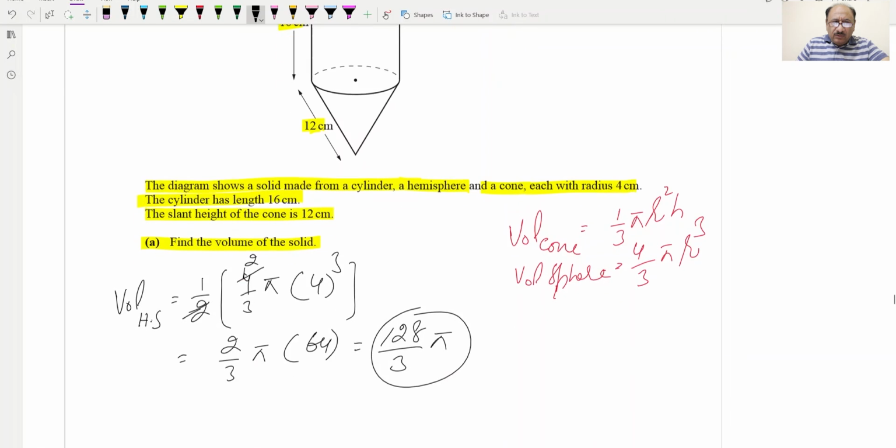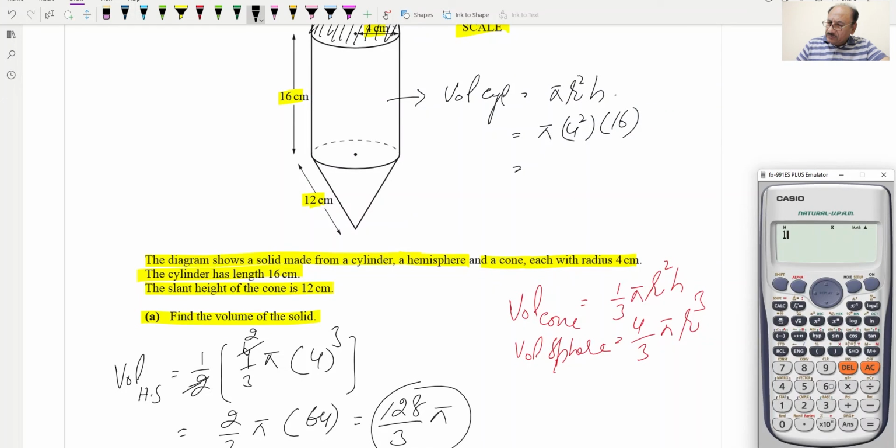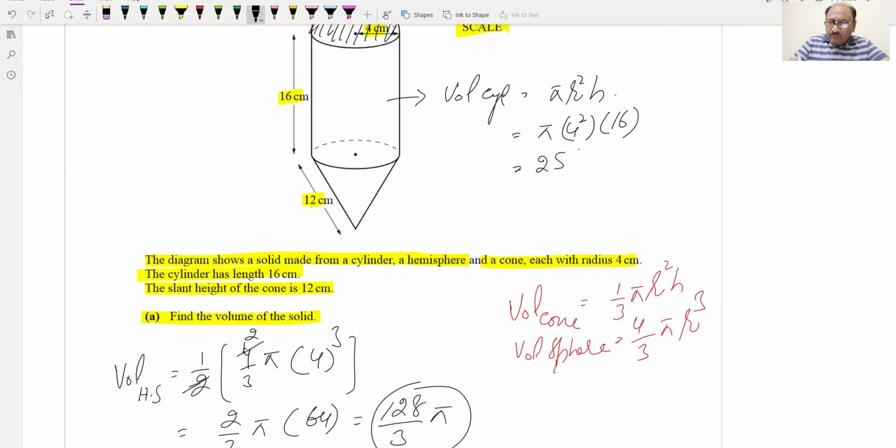Now we can check for the volume of cylinder. So volume of cylinder is what? Volume of cylinder will be equal to pi r squared h, and this one we can write here pi r squared, r is 4, so we can write 4 squared into h value is 16, so we can write here 16 multiplied by 4 squared is equal to 256, so we can write 256 pi, and this will be volume of this one.